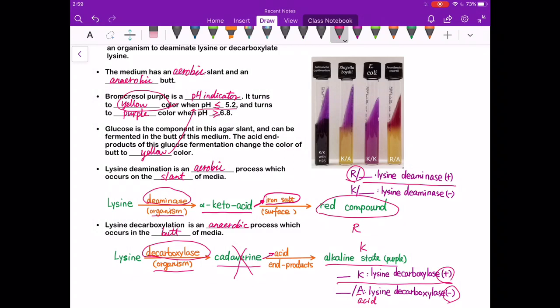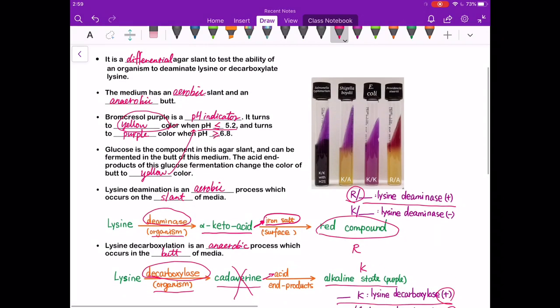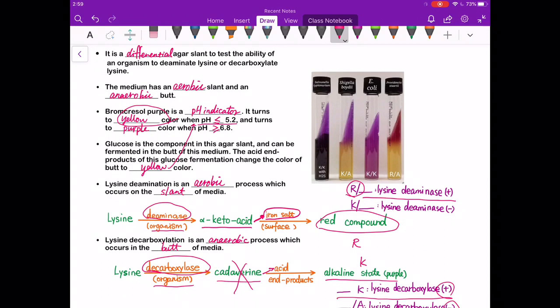Let's take a look at the test results marked on the tubes here. There are two letters here, and between them there is one slash. The first letter, on the left side of the slash, stands for the result of the lysine deamination, which occurs on the slant.